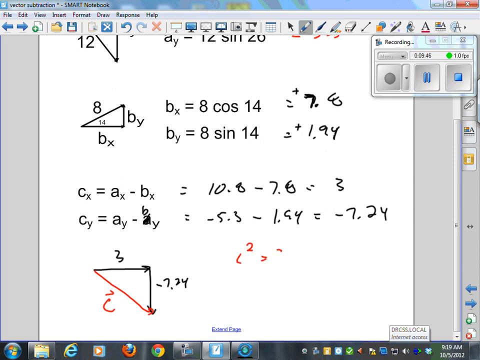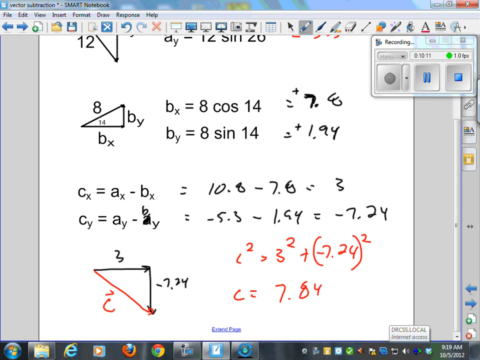C squared is 3 squared plus 7.24 squared. Do I need to put my negative sign in there? No, because it really just means the direction, right? So C equals, you should be able to sort of work that out. Squared plus 9. And I get an answer of 7.84.